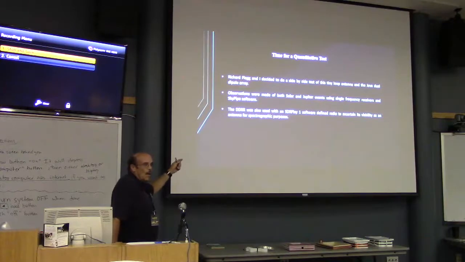Even though the sun was quiet, we were fortunate enough to catch some solar bursts with it during its evaluation. And the last thing we did was attach the DVRR to an SDR1 software-defined radio and connect that to Radio Sky's spectrograph software to see whether or not it could even be used as a spectrographic antenna.